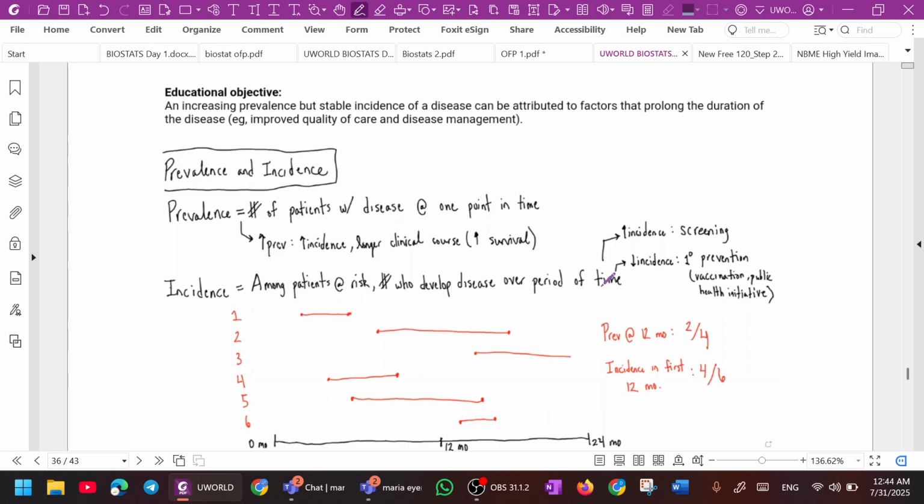Three didn't develop it during that period; he developed it after 12 months, so he's not inside this period. Then four developed it during that period. So you have one, two, and four, so three people. Five also developed it during that period, so you have one, two, four, and five: four people. And six developed it way after the period, so we don't count them. So you have four people over the six people that were at risk, that didn't have the disease at the beginning. So four over six. Does it make sense? Okay.